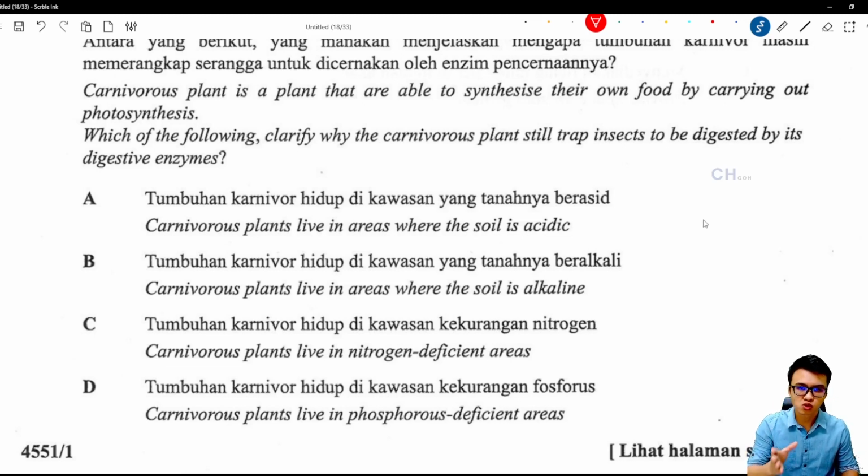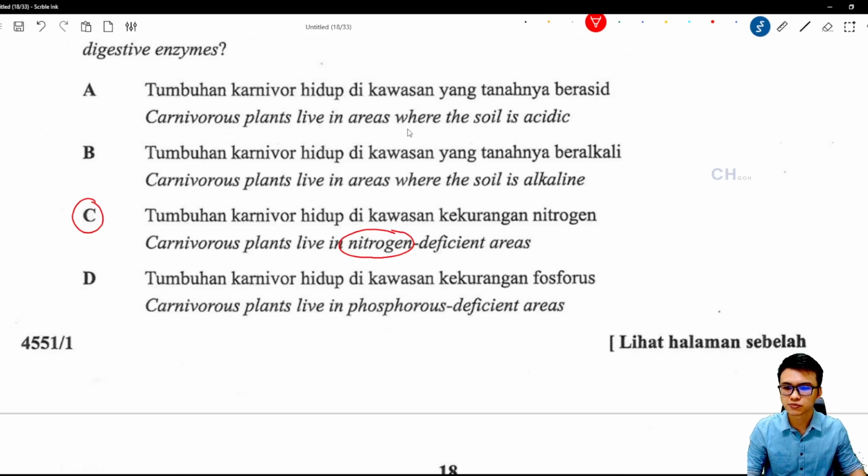Because they choose to survive in soil that is lacking nitrogen. Carnivorous plants live in nitrogen-deficient areas because they want to avoid competition with other plants. Other plants don't like to live in this kind of environment, lacking nitrogen, which is a very important nutrient for plants. They eat the insects in order to get nitrogen from them. So the answer here should be C.